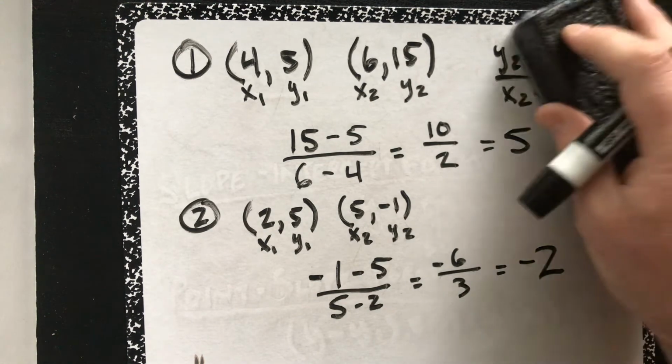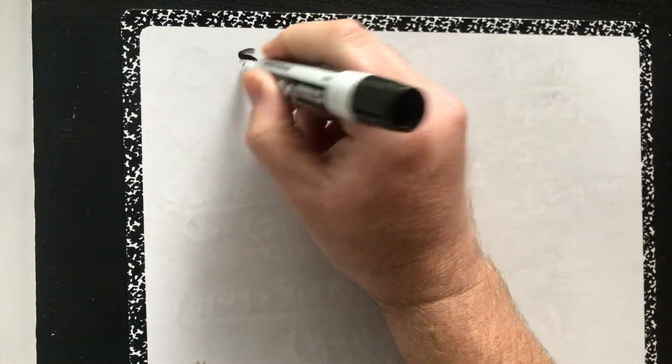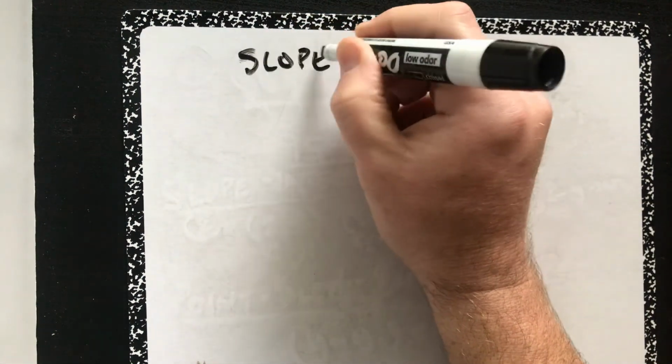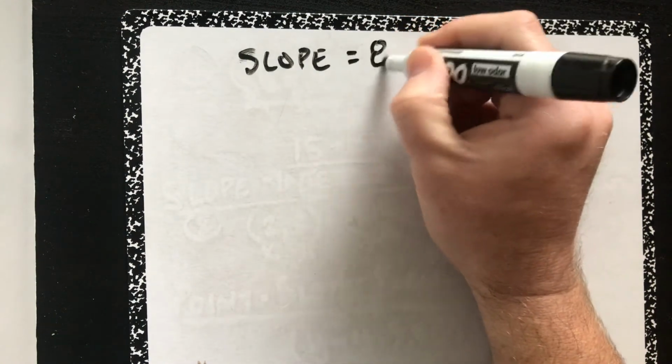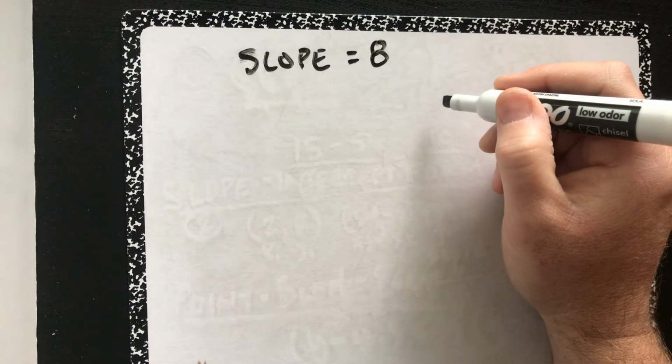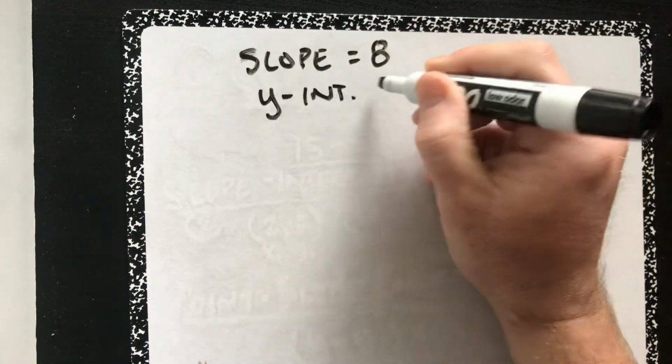Now let's look at number 3. Number 3 says, what is the equation of a line that has a slope of 8 and the y-intercept is 10. Wow, they made this really simple.